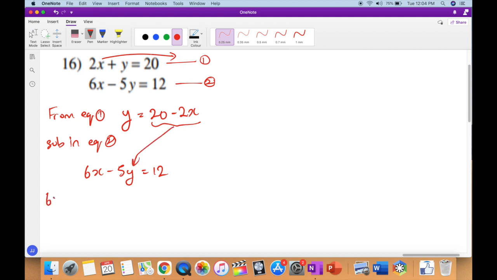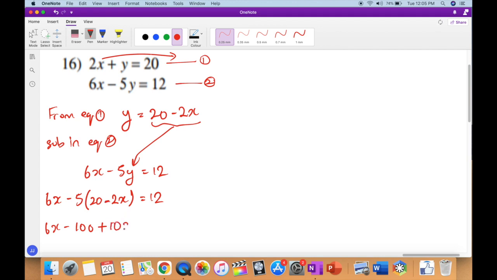So now I have 6x minus 5 into y, which is 20 minus 2x, is equal to 12. Right? 6x minus 5 2s are 10, that is 100. And 5 times 2 is 10, but it's plus because we have the two negatives here, negative by a negative.